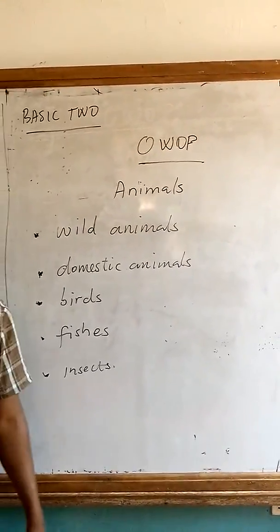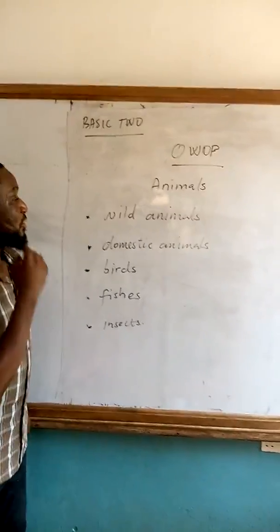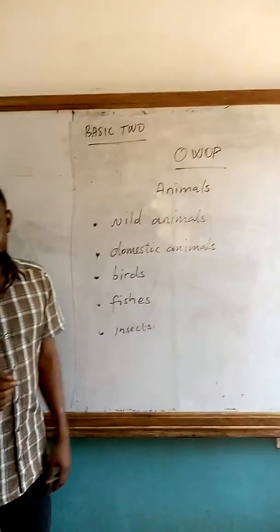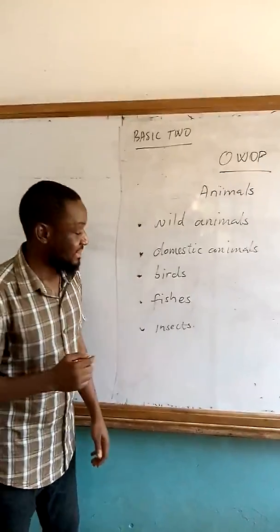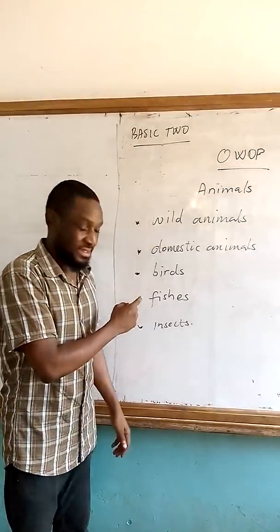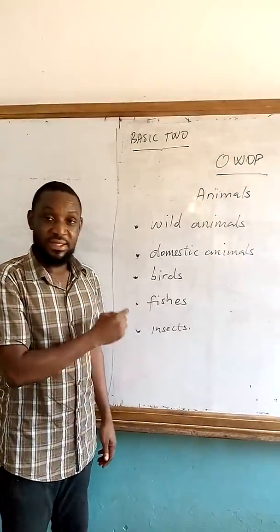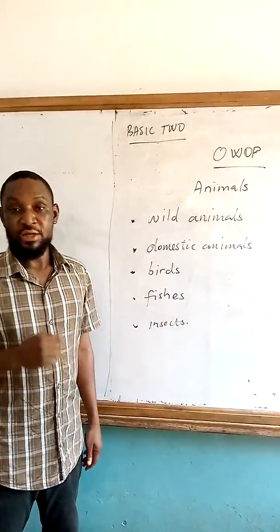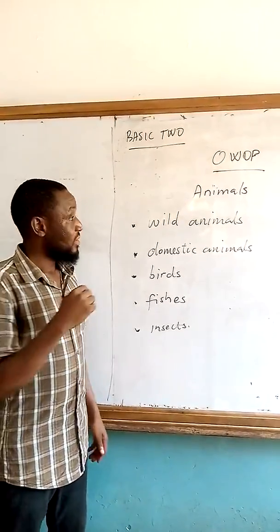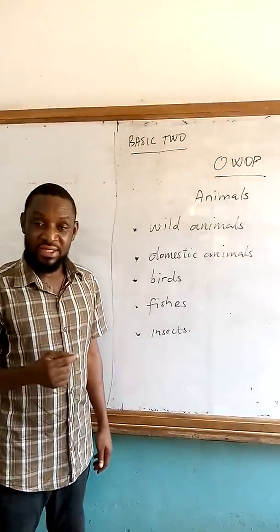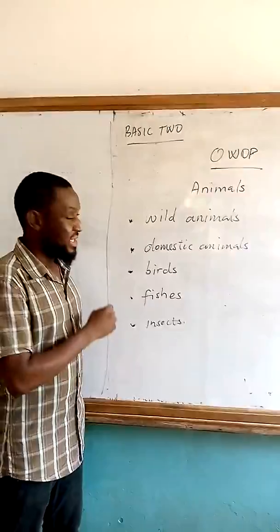Under animals, we would be learning about wild animals, domestic animals, birds, fishes, insects, and also the uses of animals, some of the benefits we derive from animals.